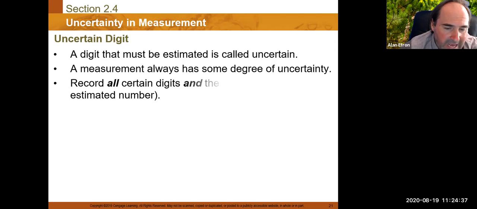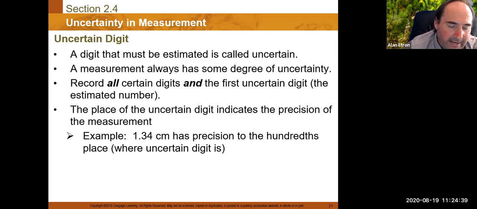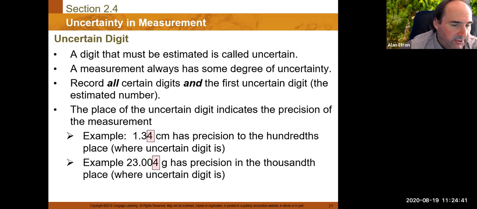Now, let's talk about actual measurements and what happens when we do take a measurement. Any type of measurement that we take, there's always going to be some degree of uncertainty associated with that measurement.